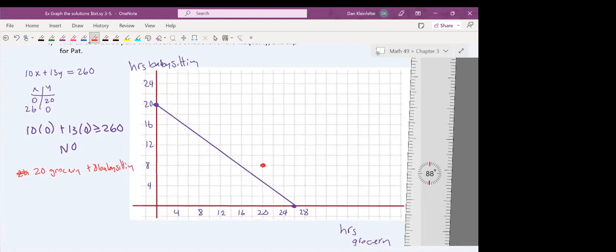I'll leave it to you to figure out how much money Pat's going to make in that case. Or 12 hours at the grocery and 20 hours babysitting would also do it. Or even 28 hours at the grocery and no hours babysitting, that would also do it.